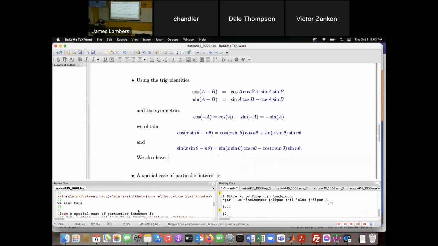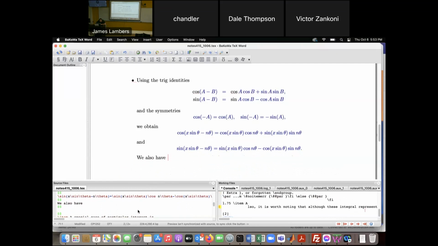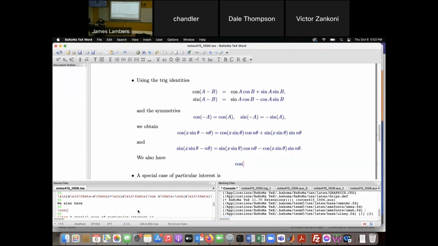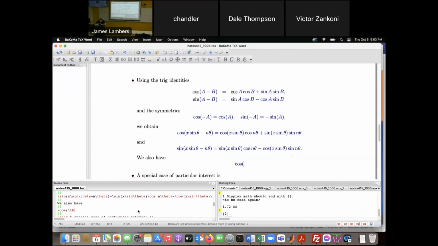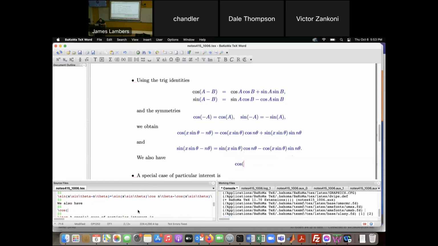but what happens if we add pi to our arguments? So for instance, cosine of a plus pi, what happens when you do that? Well, that's equal to cosine a cosine pi minus sine a sine pi. The sine of pi is 0, and cosine of pi is minus 1.